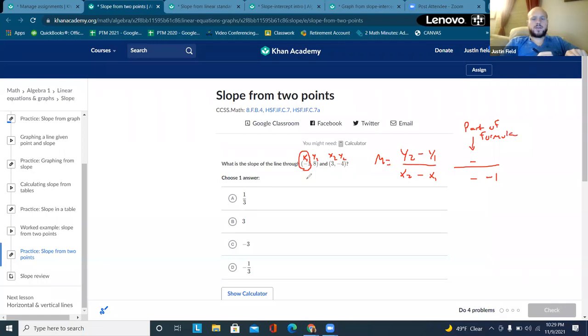Sometimes the numbers are negative, and then we have x2. What is x2? It's 3, so we put a 3 there. What is y2? Y2 is -4, so put -4. And then what goes here? Y1, which is 8.